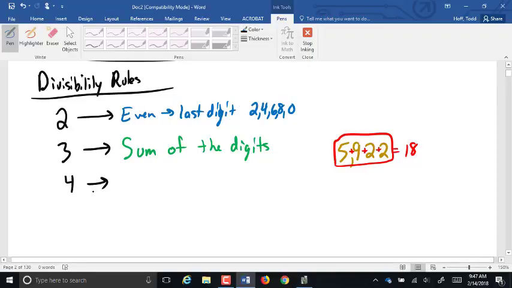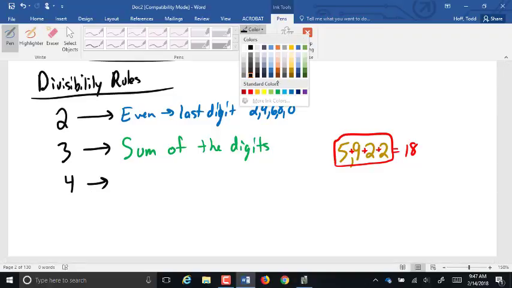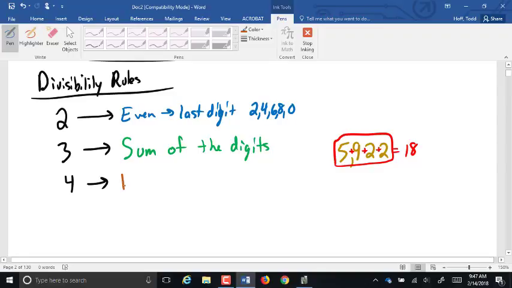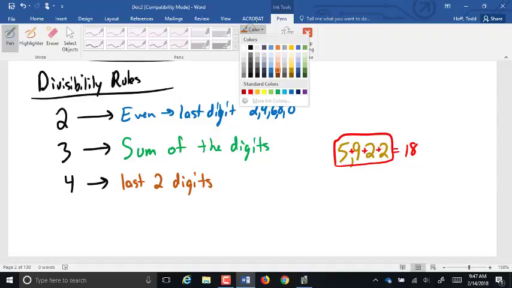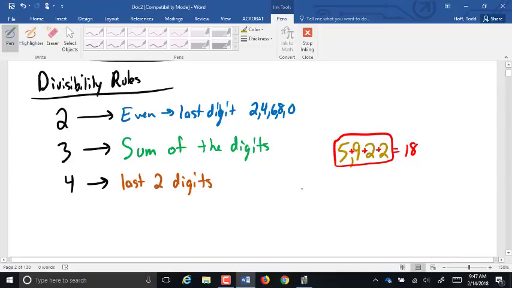4 has a rule, but it's really kind of complex. It's if the last 2 digits are divisible by 4. So what that means is if we have something like 327,948, all that matters there is the last 2 digits.